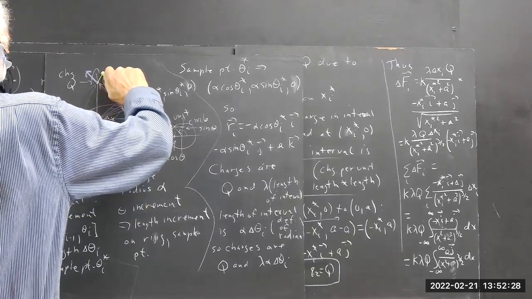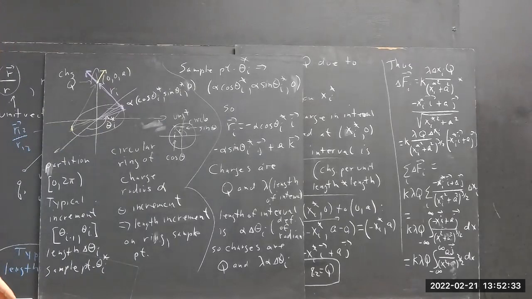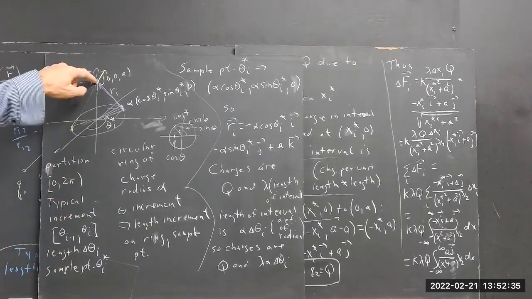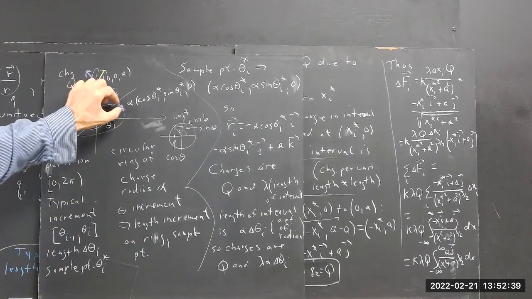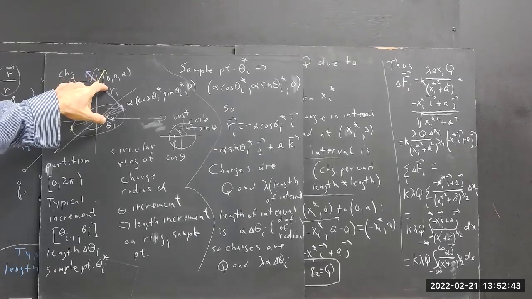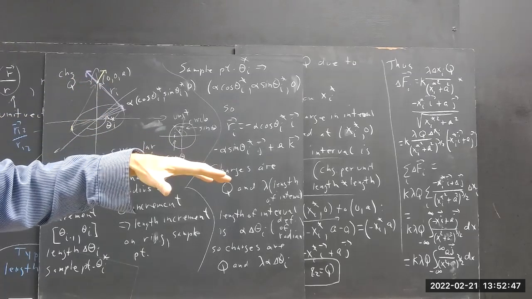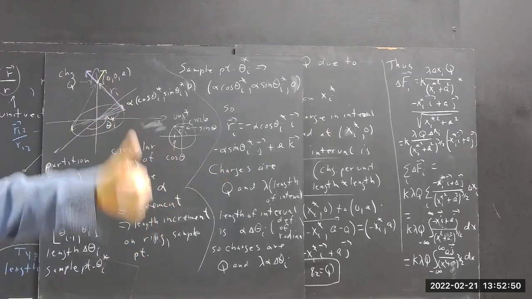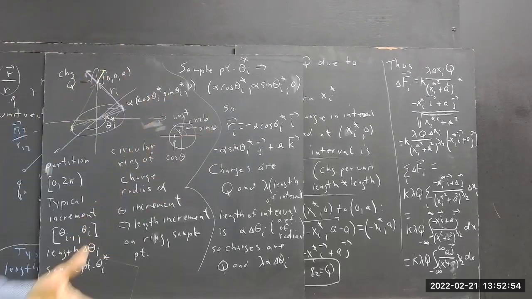Gives us this and gives us this. Once more, this distance being equal to this distance, if the length of this interval is the same as the length of this interval, you get equal and opposite components in the XY plane. And only the component along the Z-axis ends up contributing to the total force.